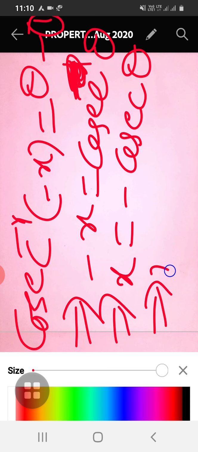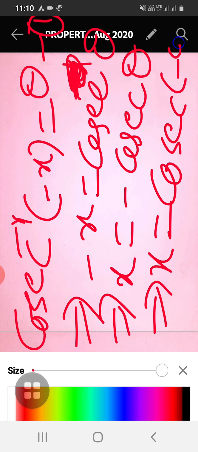So here x is equal to minus cosecant theta. I can write that as cosecant of minus theta. This is as good as minus cosecant theta. So x is equal to cosecant of minus theta. I will continue from here.